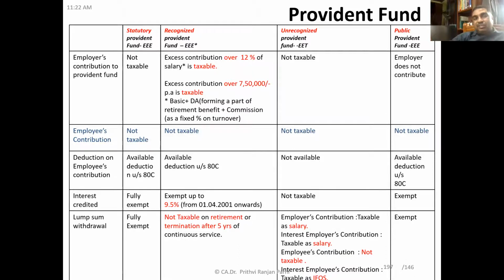Now, coming to the next fund, which is recognized provident fund. Employer's contribution is exempt up to a certain point, but excess contribution over 12% of the salary is taxable. So up to 12%, if the employer is contributing, it's not taxable. Then excess contribution over 7,50,000 is also taxable.